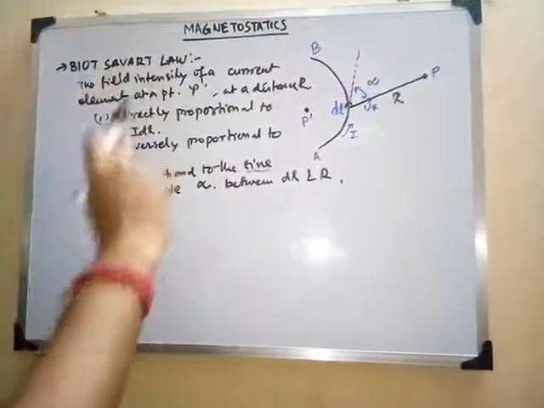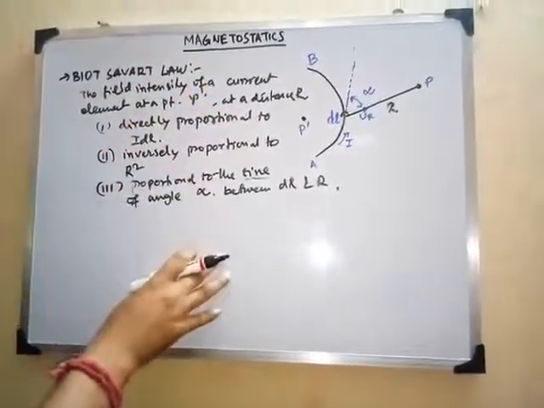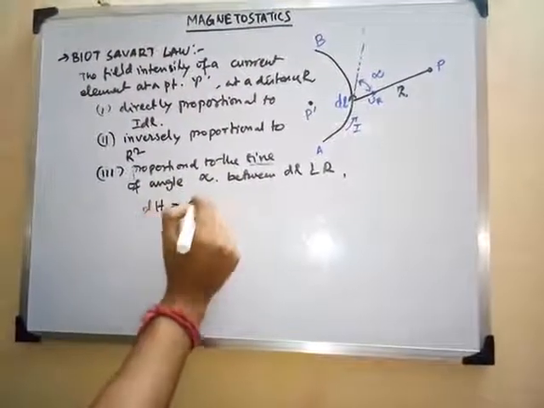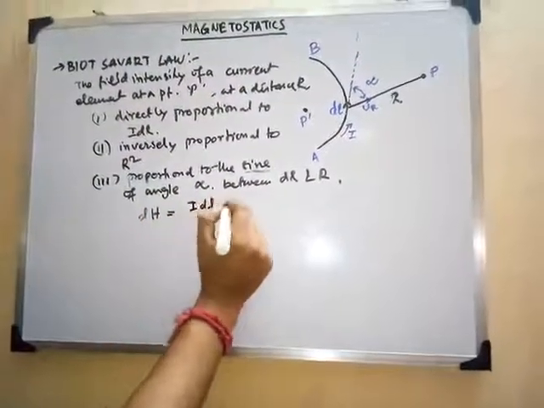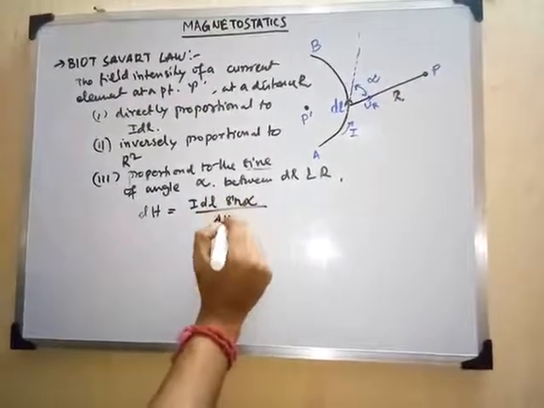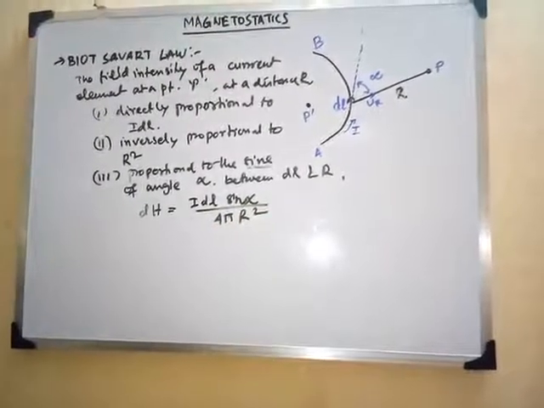So if the field intensity is related to this condition, we simply arrive at our expression, which is dH equals IDL sine alpha by 4 pi R square, right? So this is your Biot-Savart law.